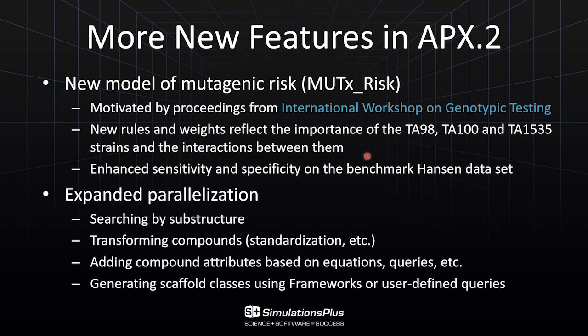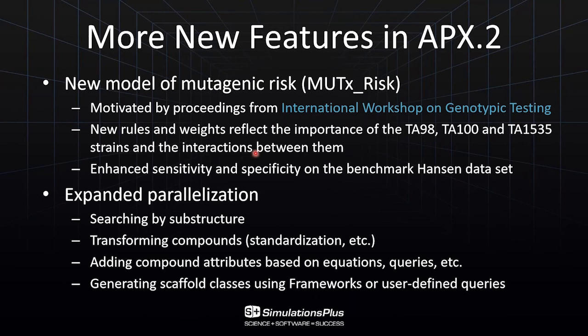We've added a new model of mutagenic risk that we call MUT-X risk to complement the existing one. This was motivated by recent literature and findings from proceedings of an international workshop on genotoxicity testing.